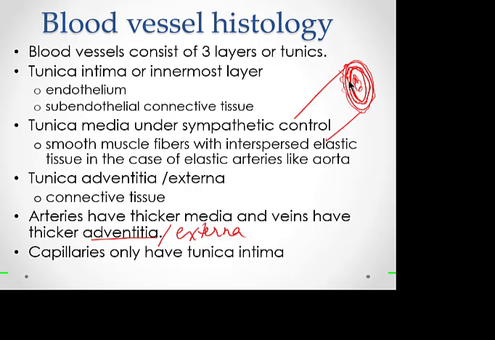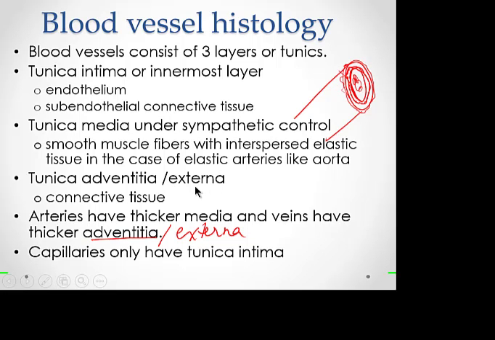In elastic arteries like the aorta and the 3 main branches which come out from it, you have a little bit of elastic tissue interspersed with the muscle, because when blood flows into the aorta, you want the aorta to expand so that it can accommodate the blood. And then the aorta has to recoil so that blood is pushed forward. That's why blood in the arteries is pulsatile. You can feel the pulse, because there's expansion and contraction. Expansion when it receives, and when it recoils, it pushes the blood to the next segment.